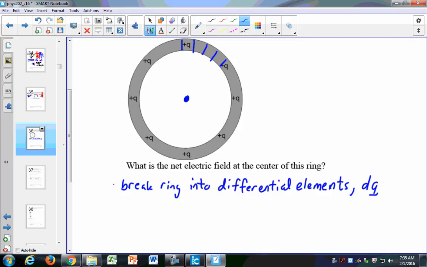And then our next step is to add up the contribution of each differential element, dq, to the electric field.